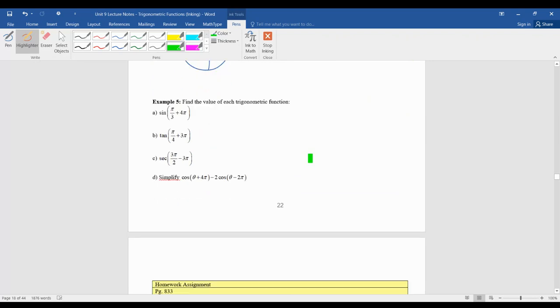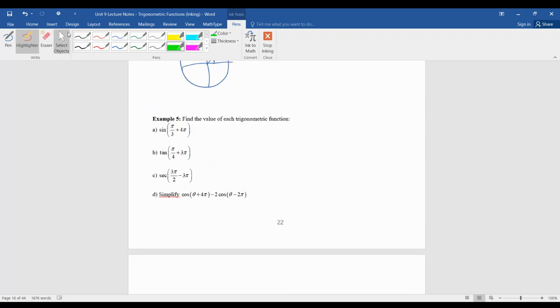Work on example 5. Example 5 says, find the value of each trigonometric function. Sine of pi over 3 plus 4 pi. Well, the sine period is 2 pi. If you add 2 pi and add 2 pi again, it's like you're going back to the same point.